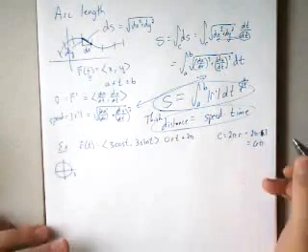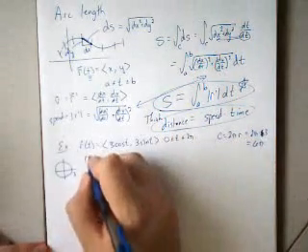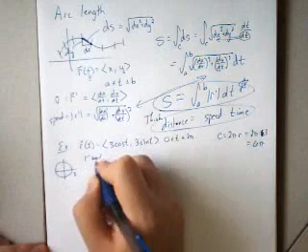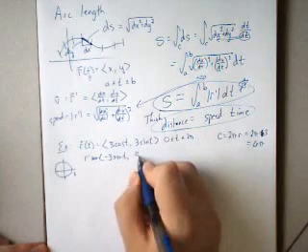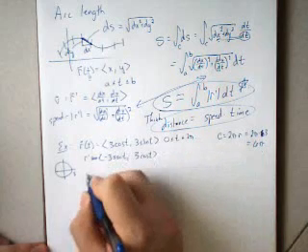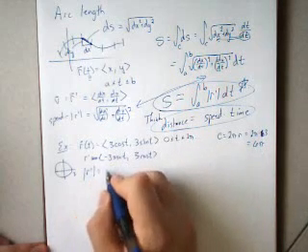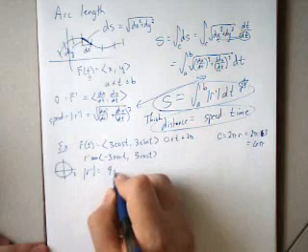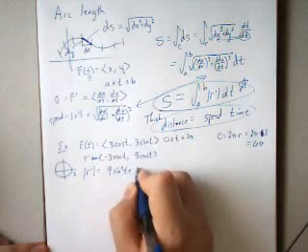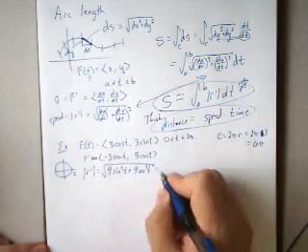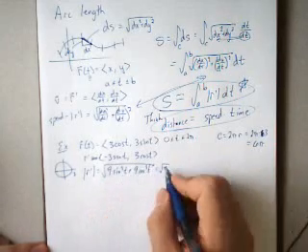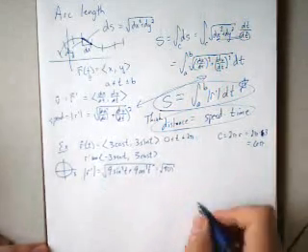Well, let's find r prime. r prime is negative 3 sine t, 3 cosine t. The length of that vector is going to end up being the square root of 9 sine squared plus 9 cosine squared. If I factor out the 9, then I'm left with sine squared plus cosine squared, which is 1. So that's 3.